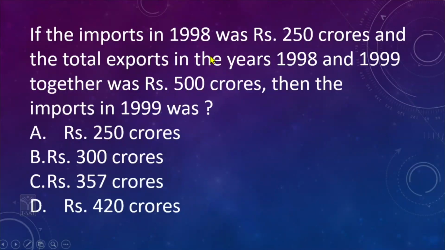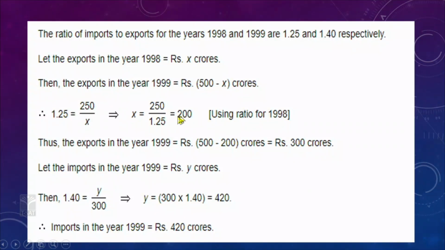Okay. Now, the imports in 1998 were 250 crores and the total exports in the years 1998-99 together is 500 crores. Then what are the imports in 1999? So 1998 and 99 are given, then what are the imports in 1999? You have to calculate.